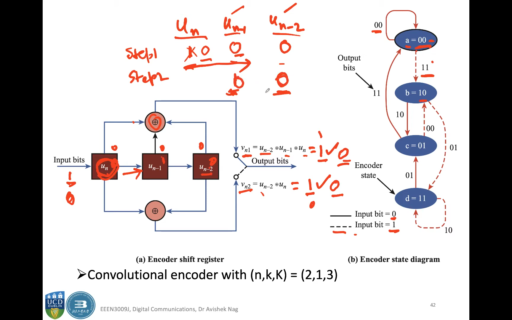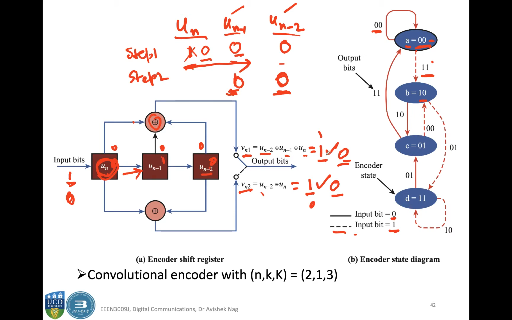So in this way, if you work out the transitions from the other states, you will find that you can complete this entire state diagram. At each state, whenever there is an input of 1, it will move to a different state, or it can still remain in the same state.